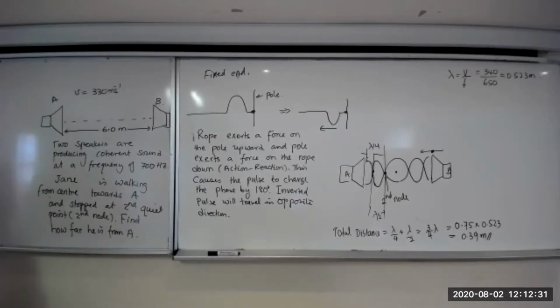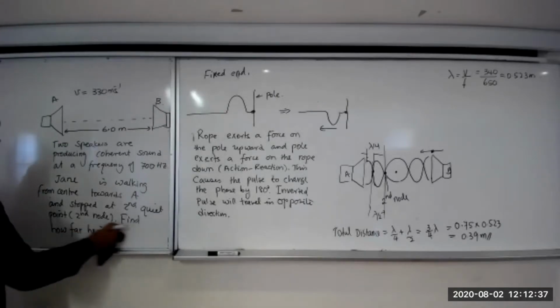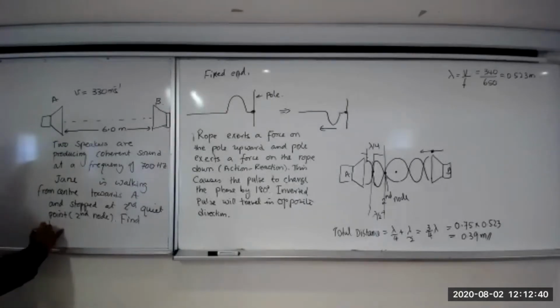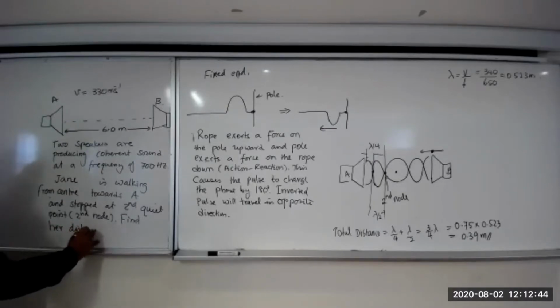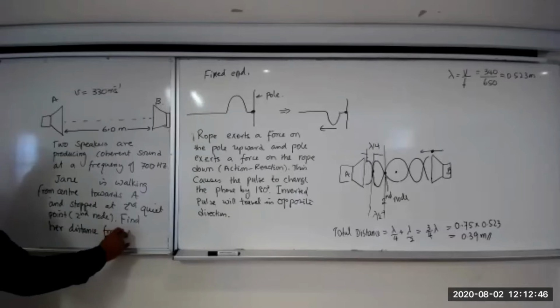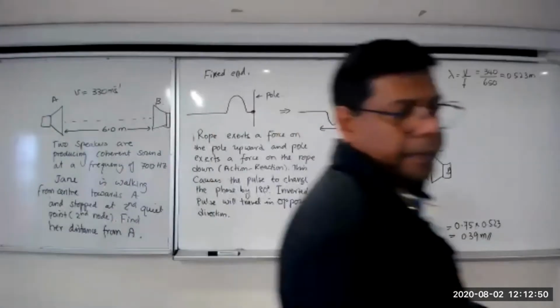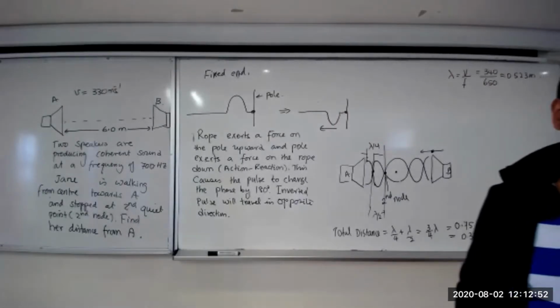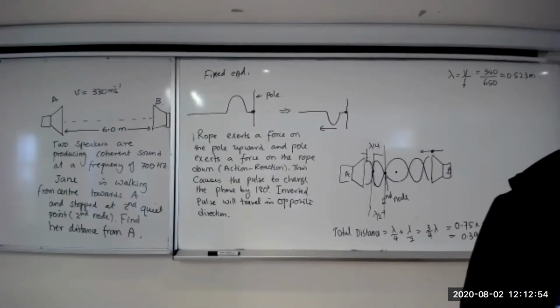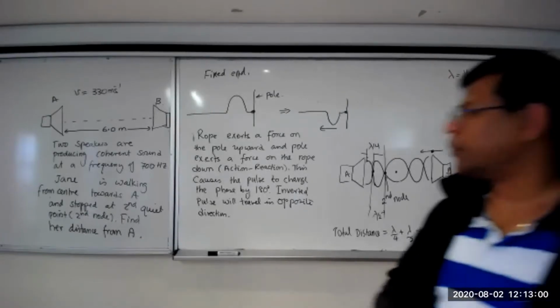She walks towards A and stops at, let's say, the second quiet point. Find the distance from A. So she's walking from the center.